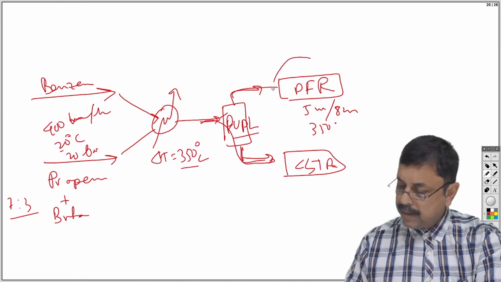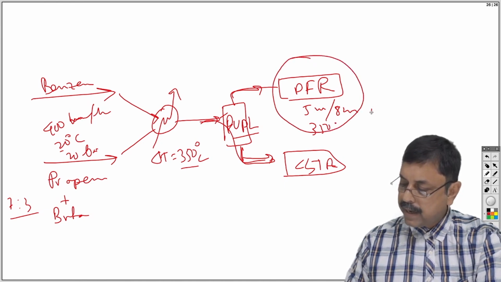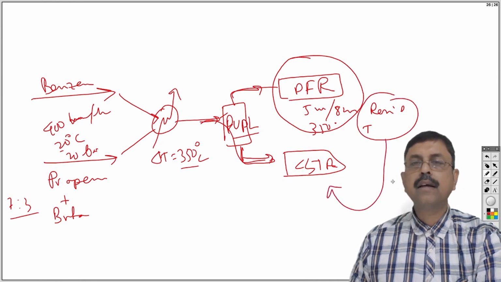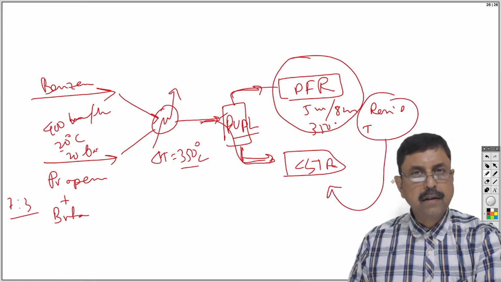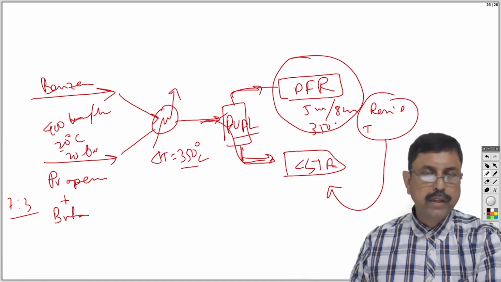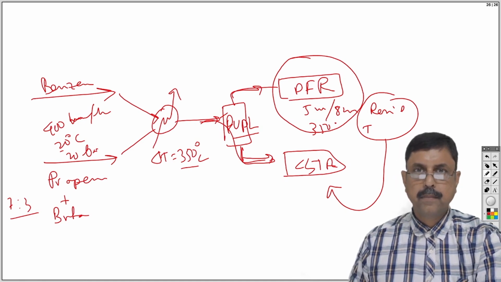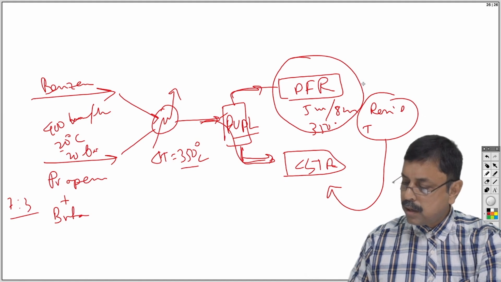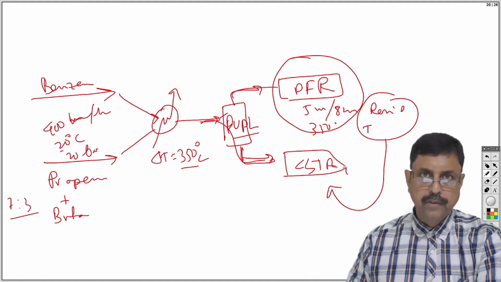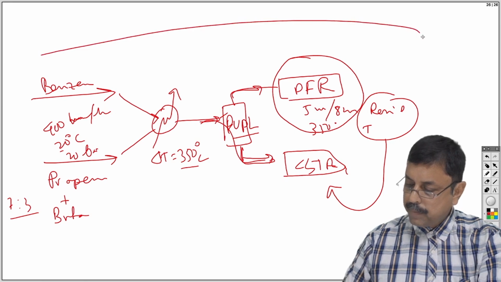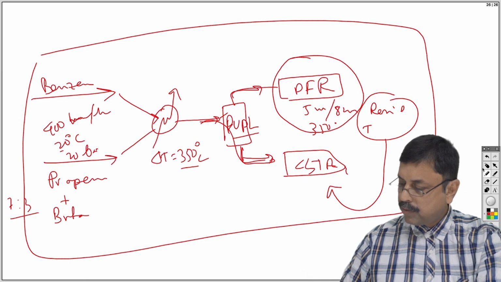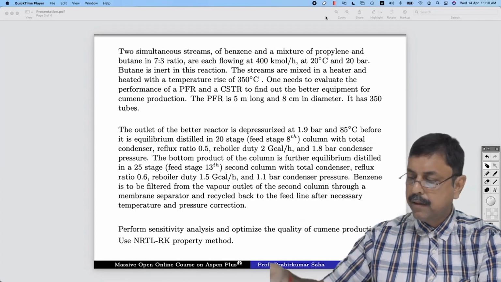From this operation, we will identify the residence time, we will identify the temperature, etc. Those information will feed into the CSTR and then run both of them and check whichever is giving better production of cumene. The subsequent run we will do on that particular reactor. So first we will do up to this point and check which reactor performs better. For that, let us go to the simulation window.